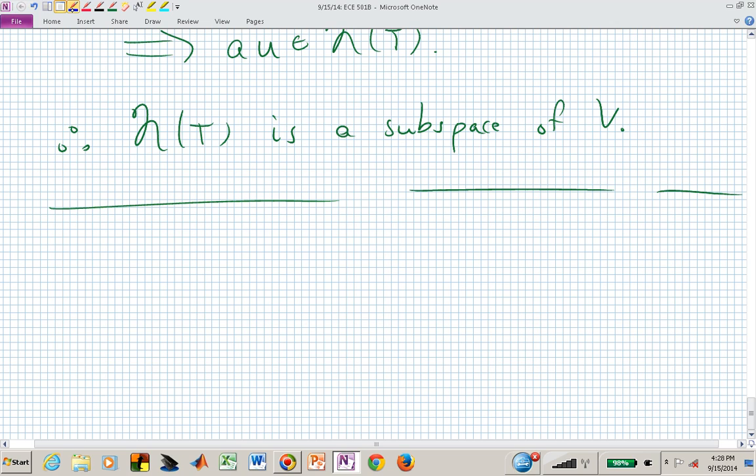Now let's introduce a new term, injective, where we'll focus on that in injective. That's why it's underlined. Definition.